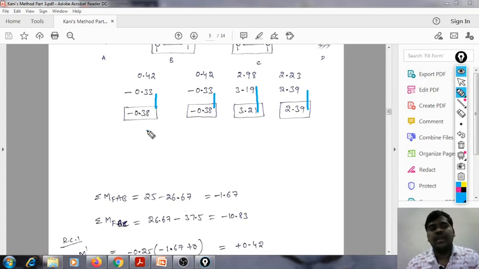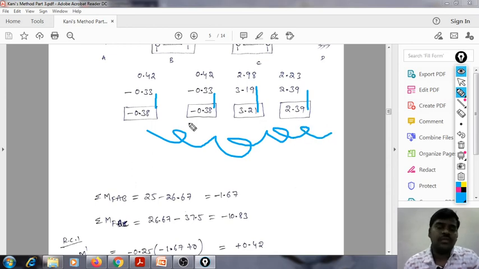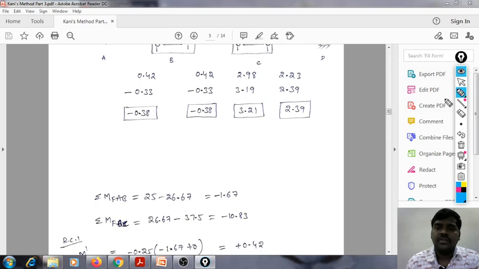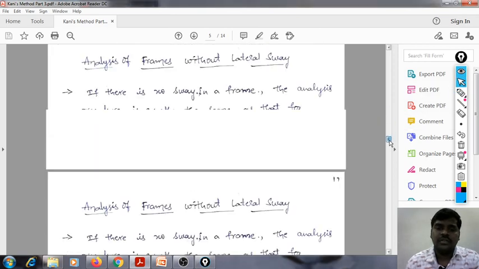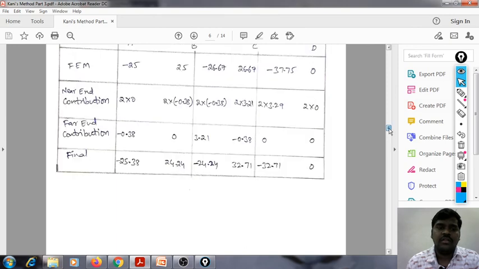So this can be considered as final. So if you are not satisfied, you can go for one more iteration. So we can also consider that iteration. So the final moment calculations are done as usual. So this is the method that is adopted.